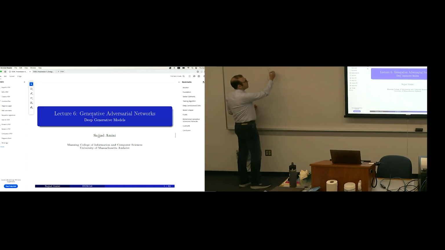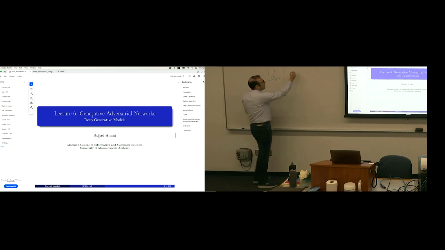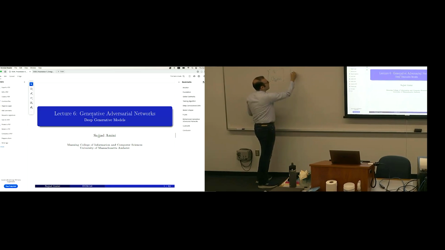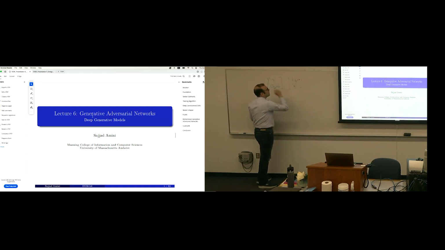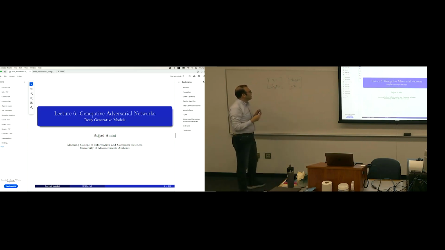For example, z and g theta of z is one vector, and the other vector is e psi of x and x. If marginally z and e psi of x have the same distribution, and x and g theta of z have the same distribution, the complete distribution for the two vectors may not be the same.